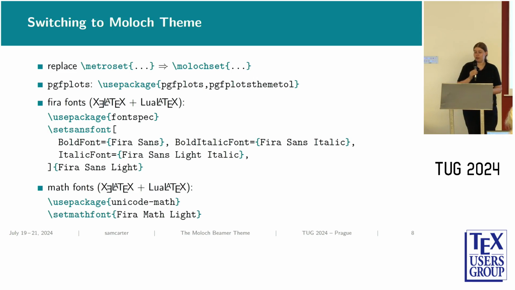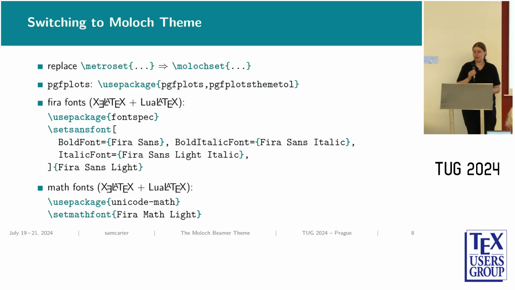Then for users of the PGFPlots package, they are not lost just because the Moloch theme removed all these settings. They can still be used, namely by loading the PGFPlots package separately with whatever version number the user wants, and then loading the PGFPlots theme tool, which sets up some color settings for the PGFPlots theme.